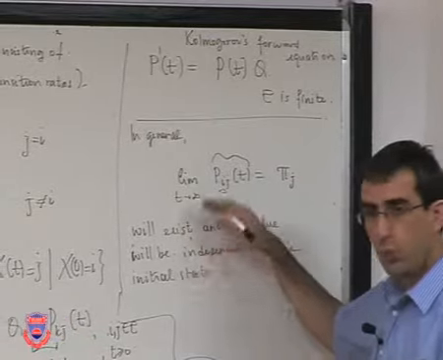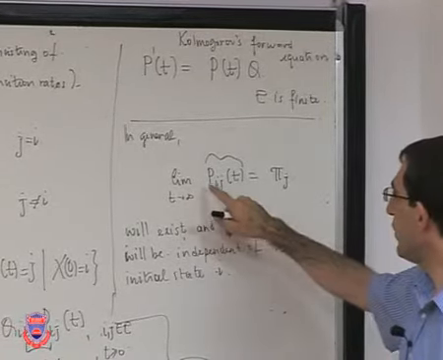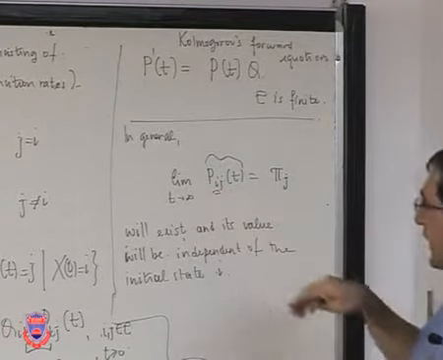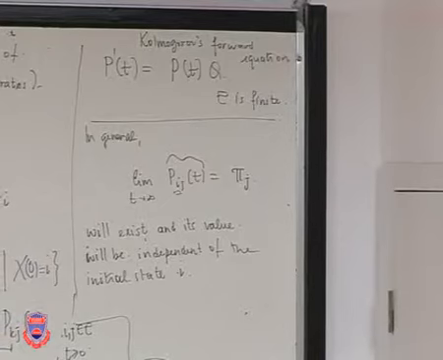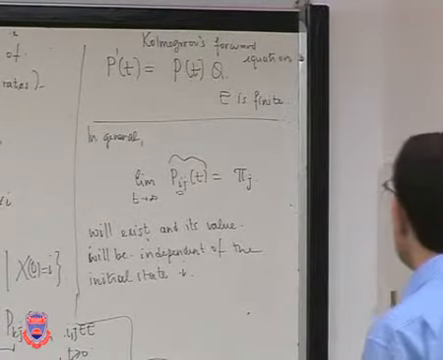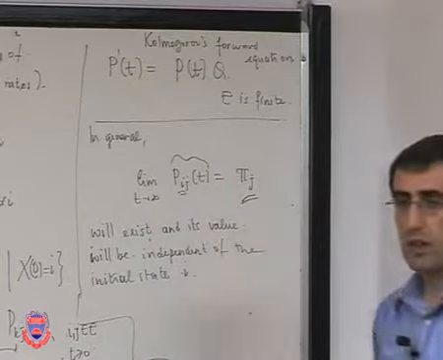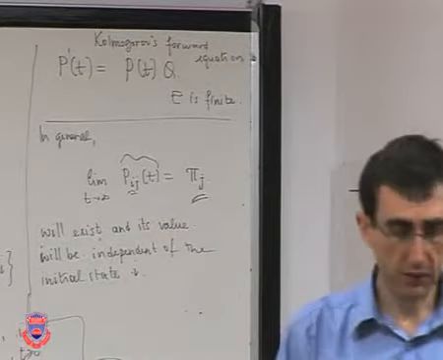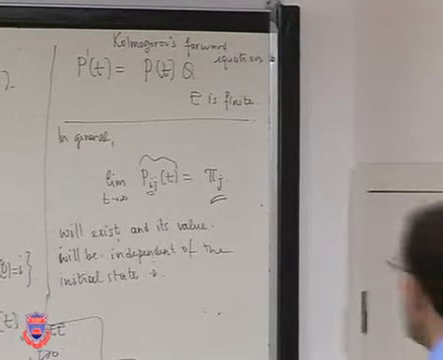Okay? I'll again list the sufficient conditions for this limit to exist, but then we will pay more attention to how we can find these values, what their interpretation is, and how we can use them to analyze the long-run behavior of this Markov chain.